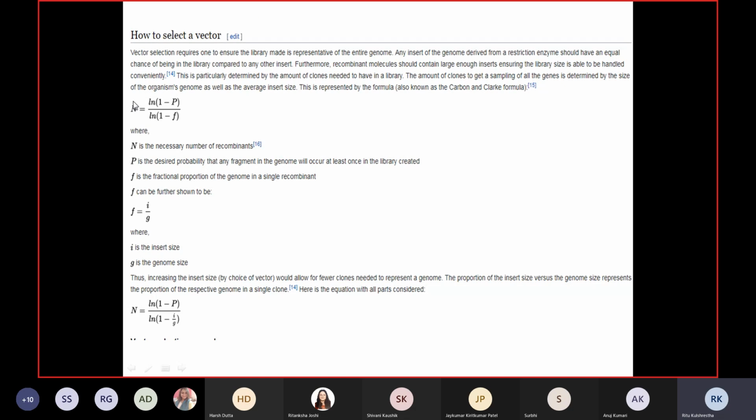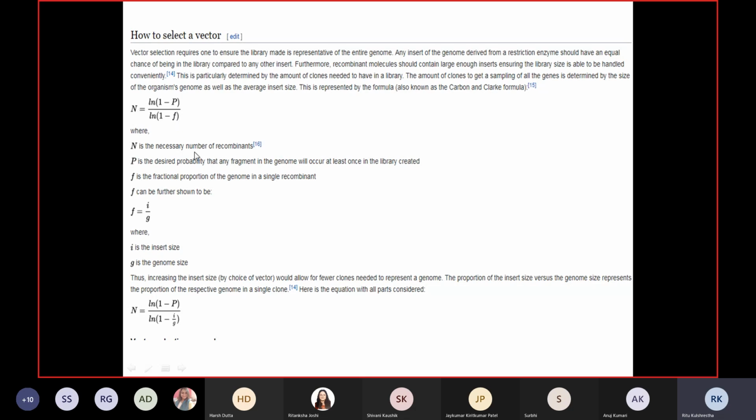This formula is telling us how many recombinants need to be screened to have, let's say, 99% probability to find your gene of interest. Here, n stands for the necessary number of recombinants.